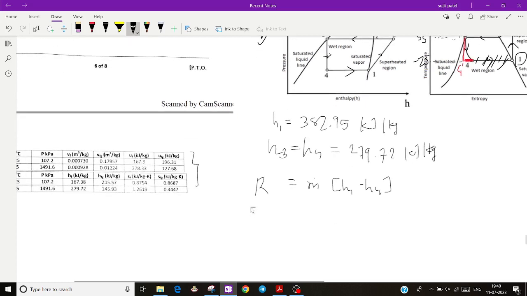So the refrigeration effect is 500 watt, but we have to convert to kilowatt, so divided by 1000. H1 is 382.95 minus 279.72.